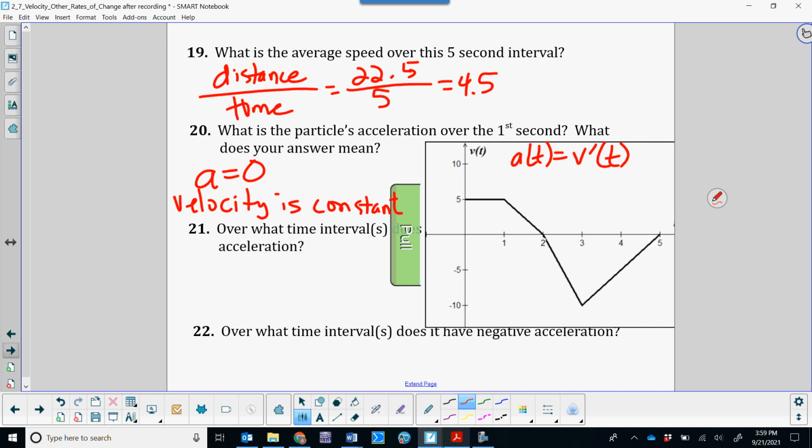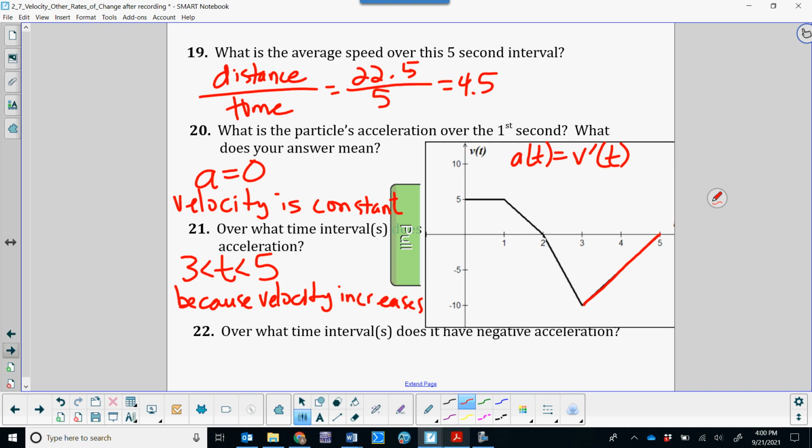So the derivative is positive on the interval from 3 to 5 because that's where velocity increases. So over what time intervals would be from 3 to 5, and our reason would be because velocity increases.